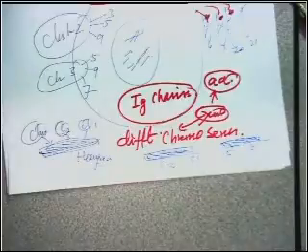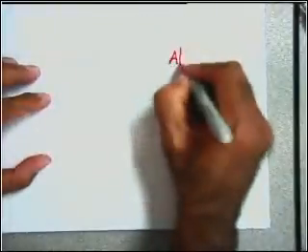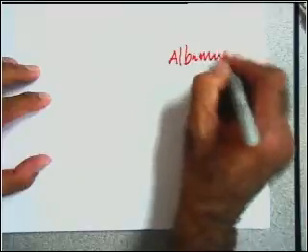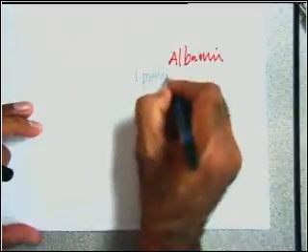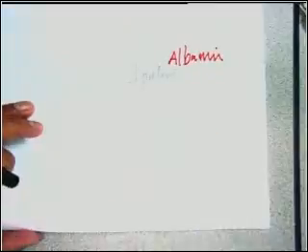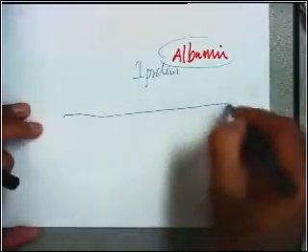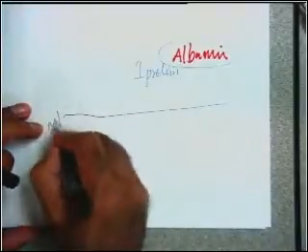I put it in a simplified way. Suppose you have an albumin protein, one single protein. It has its own chain, with the N-terminal and C-terminal.